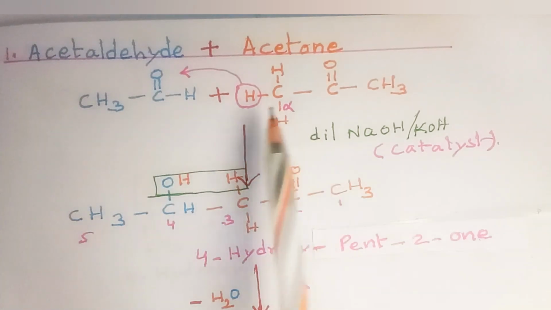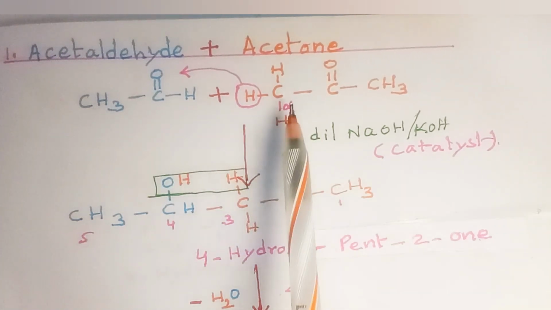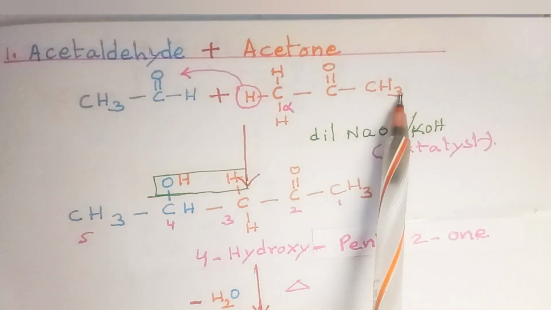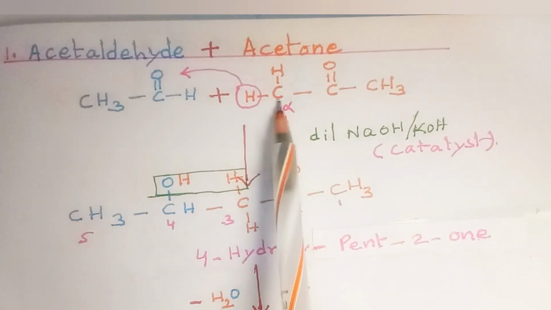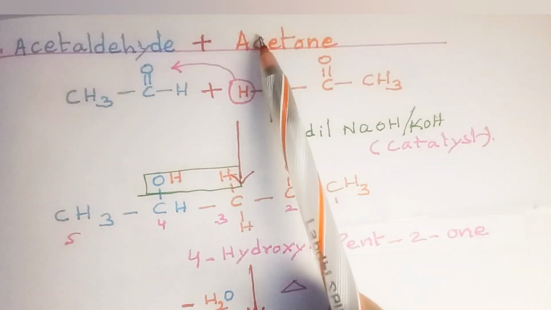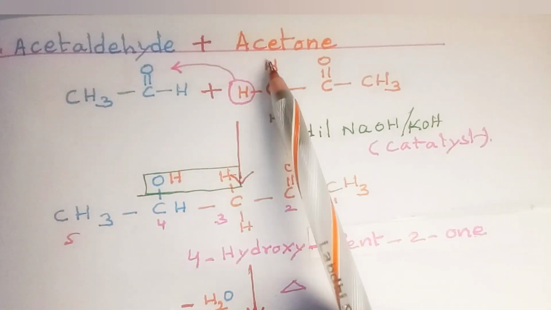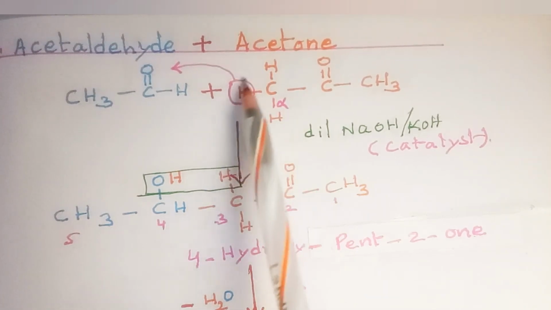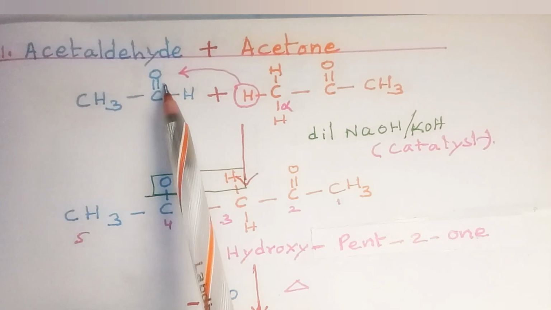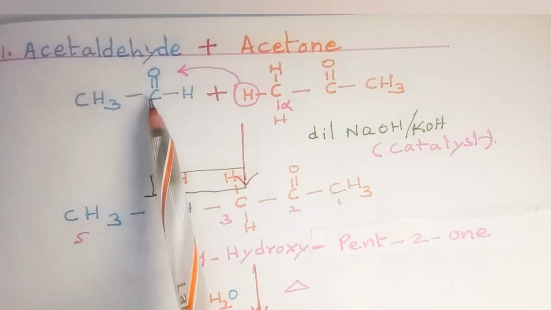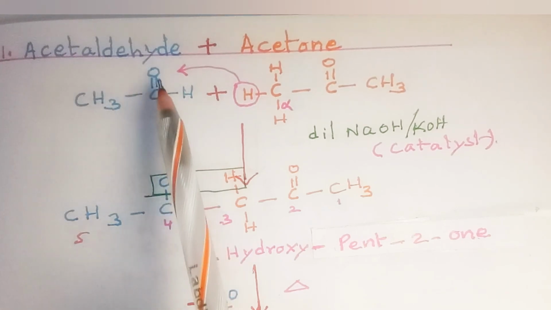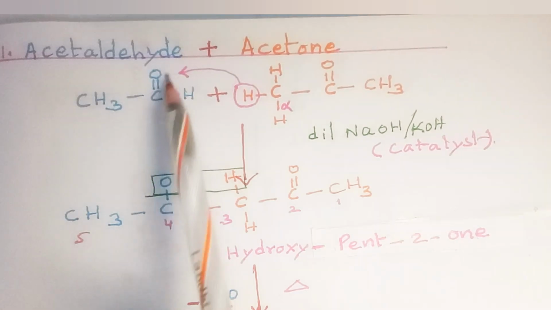Okay. The second reactant is acetone, CH3 C double bond O CH3. CH3 can be written as CHHH. All these 3 hydrogen atoms are alpha hydrogen atoms. One of the alpha hydrogen atoms is joined to the oxygen atom of the carbonyl group, as a result of which we will get an OH here.